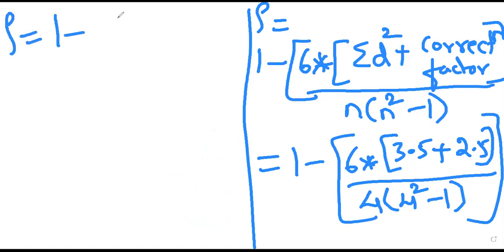For this, rank correlation will be 1 minus 6 into 6 divided by 10.